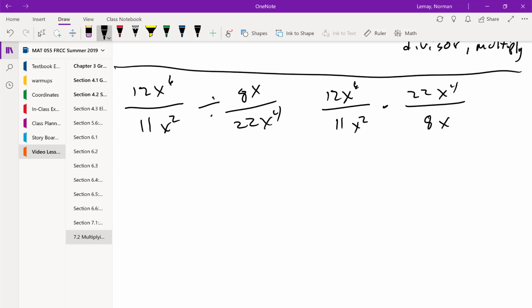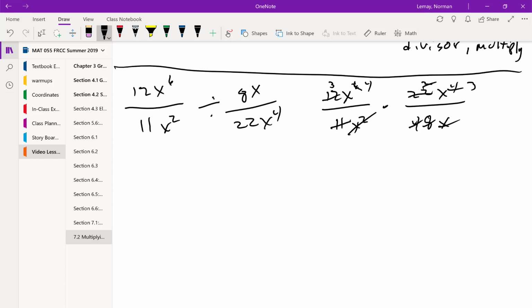Let's observe that 11 goes into 22, so I get a 2 there. 2 goes into 8 4 times, and 4 goes into 12 3 times. So that pretty much takes care of all of that. x squared turns that 6 into a 4, and x turns that 4 into a 3.